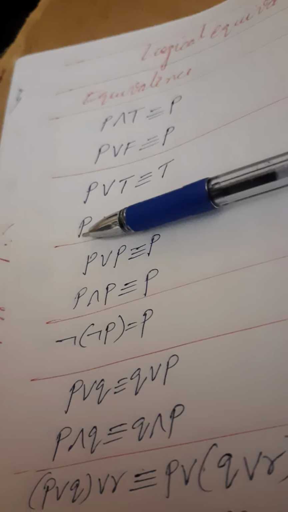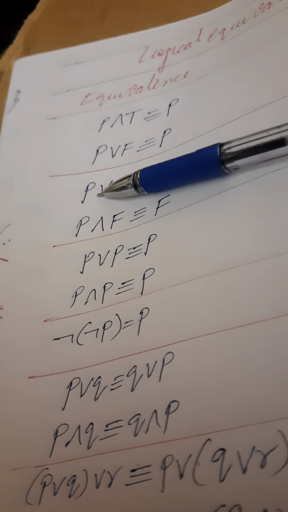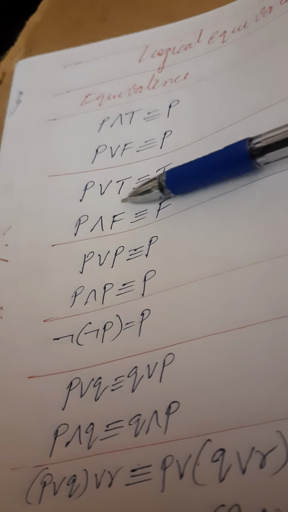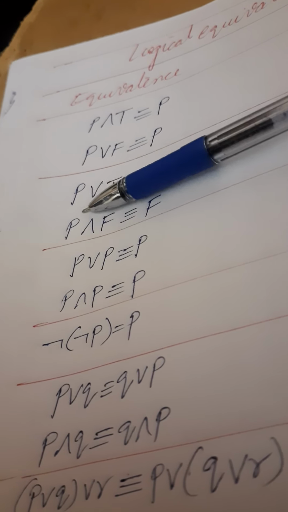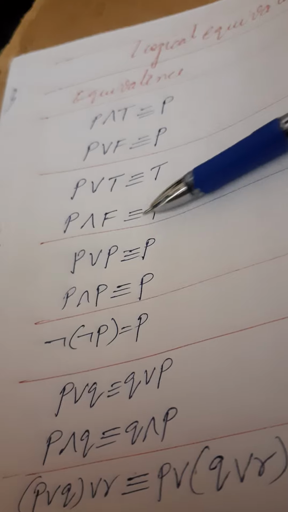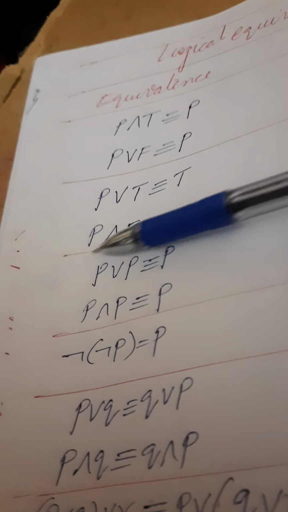P intersection false means false only. Suppose if we take P is equal to 1 here, 1 union true is true. If we take P is equal to 1, intersection false means false. Okay, this is called domination law.